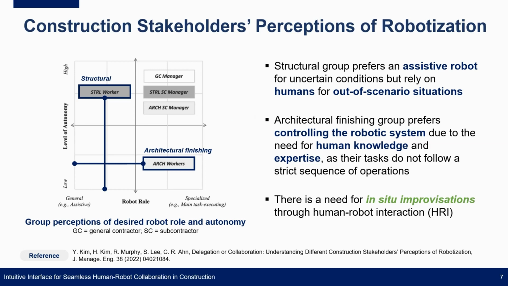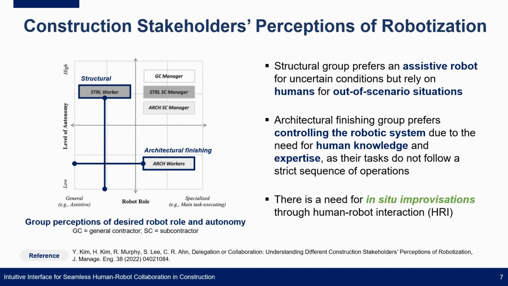There are two groups, structural groups and architecture finishing groups. We found that the majority of the respondents from the structural groups preferred using assistive robots.